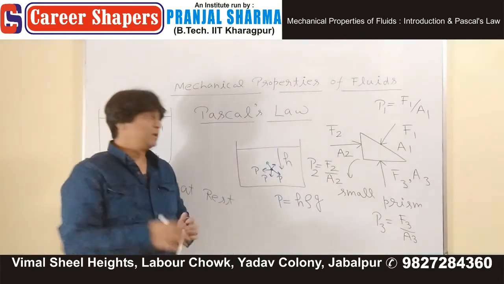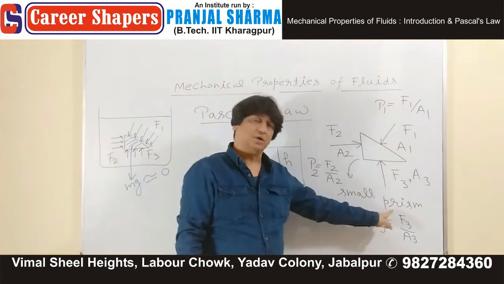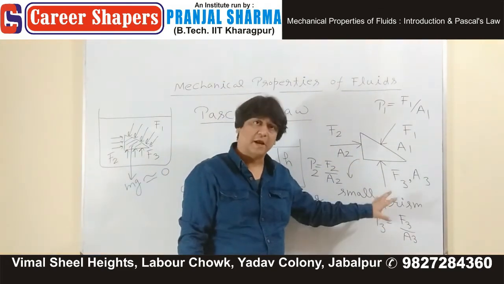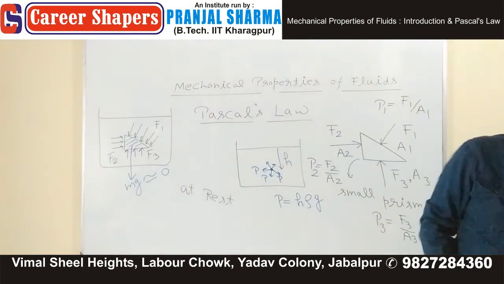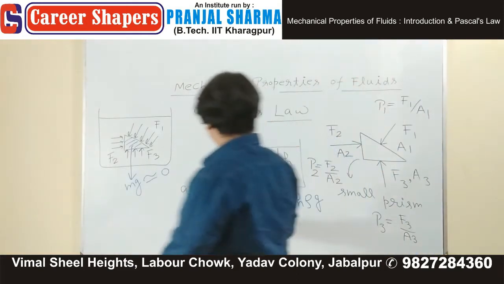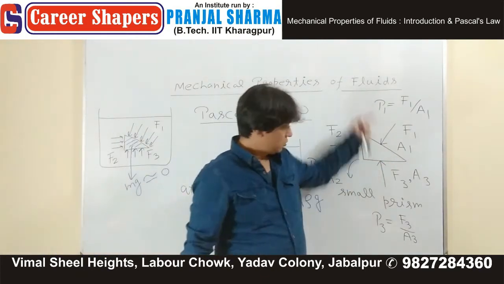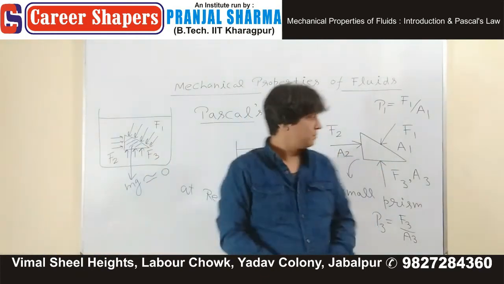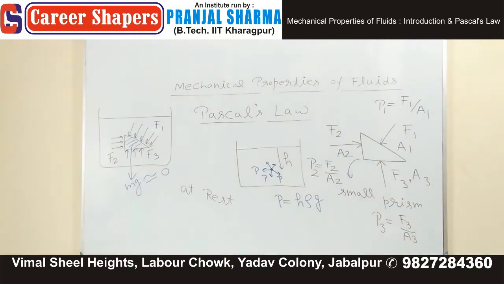Now Pascal, he says that all these pressures are same. How do we prove that? Simple, resolving a vector into its components, and we can prove this part. Note down this much and this, and then I will resolve the forces and complete this proof.